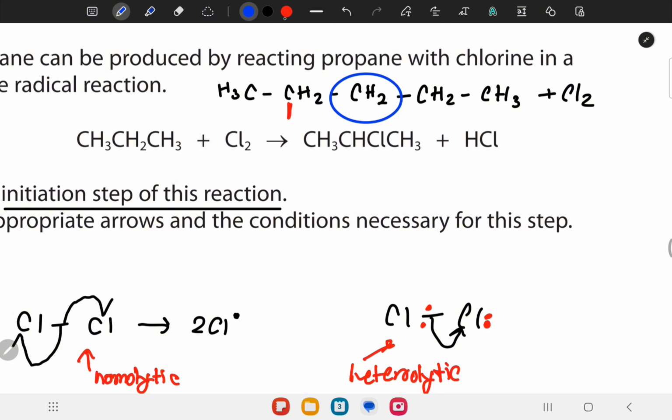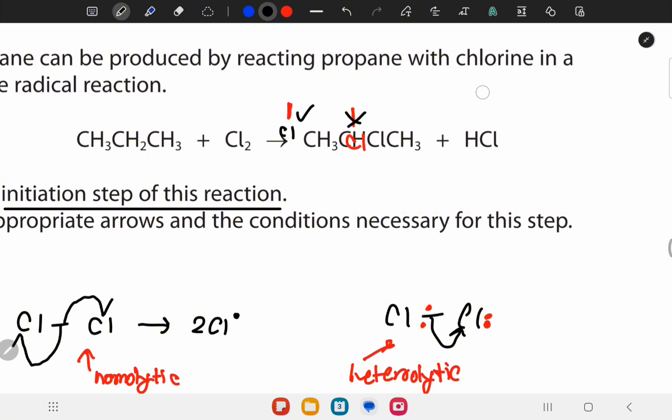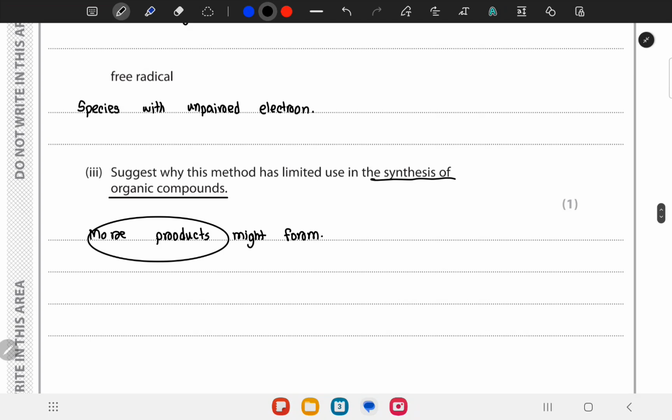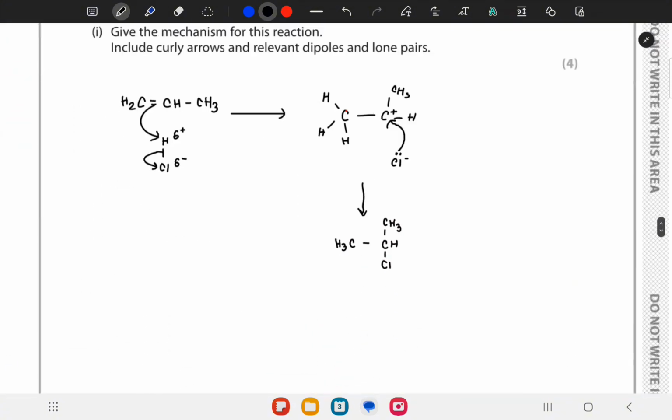Sorry, that's symmetric. So we'll also have chlorine joining this carbon over here, which we don't want. This is an unwanted product. We only want this. If the carbon chain is even longer than this, the problem will be even greater. So for synthesis of organic compounds, this method has only limited uses because of this problem.